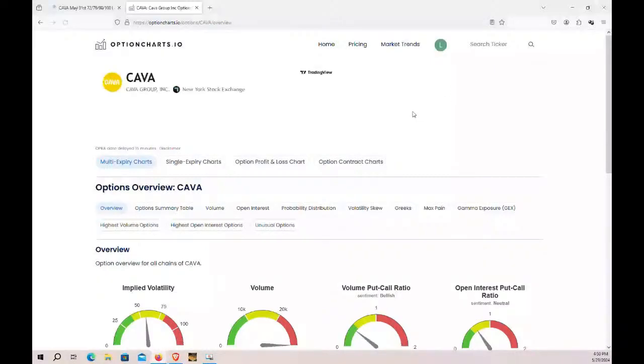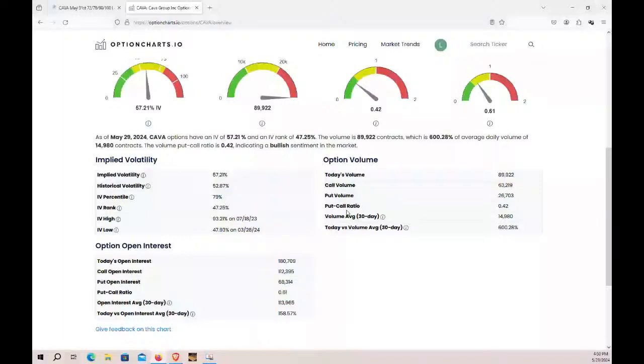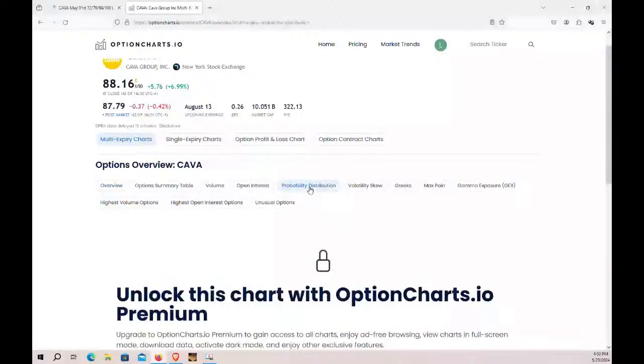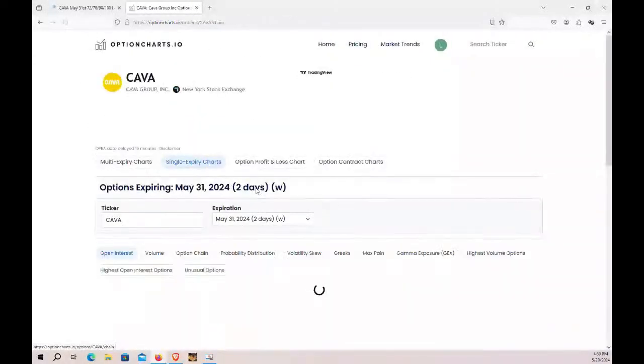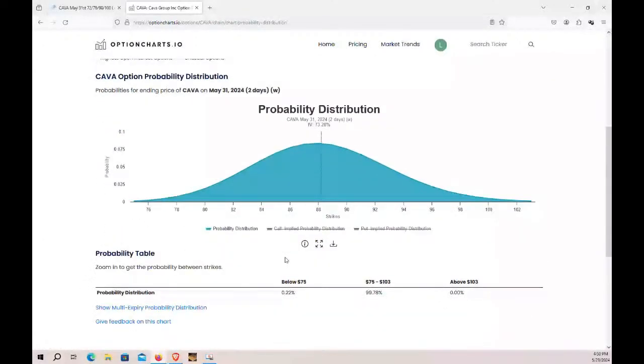I take a look at this, and I take a look over here. It said bullish, neutral for Kava, and normally I go right here, and here. So it showed me the price that it would be.